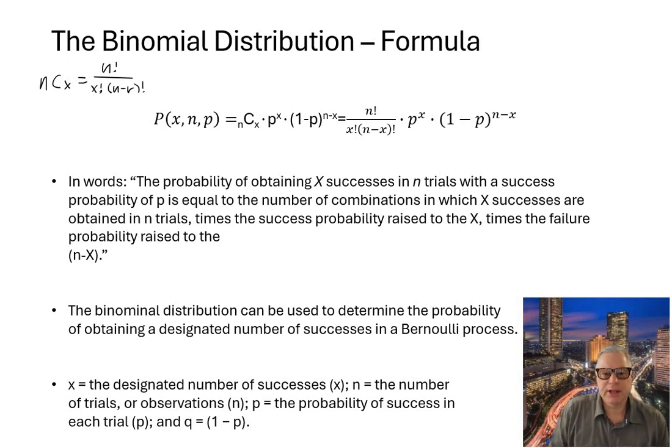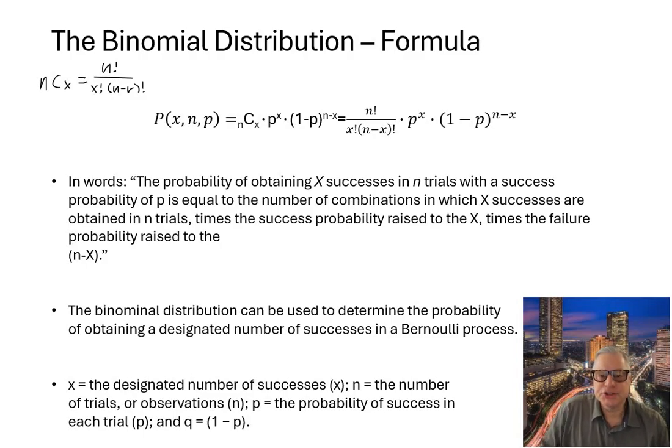In words, what that gives you is the ways of obtaining a certain sample. So how many ways are there to obtain a certain number of events? Or what's the probability of obtaining, well, X successes in N trials?